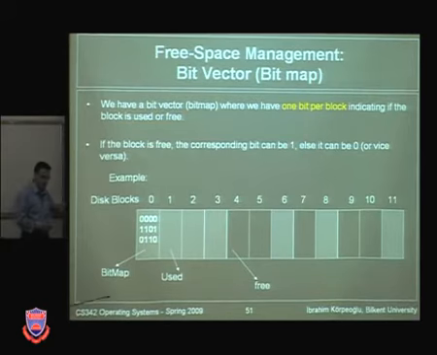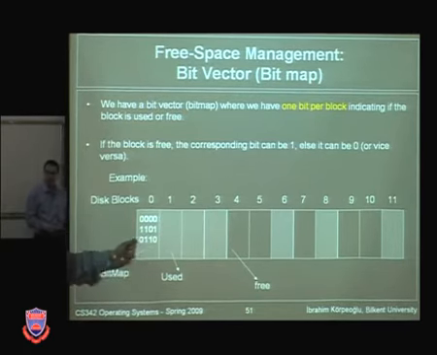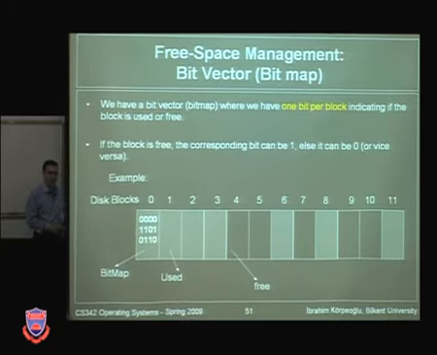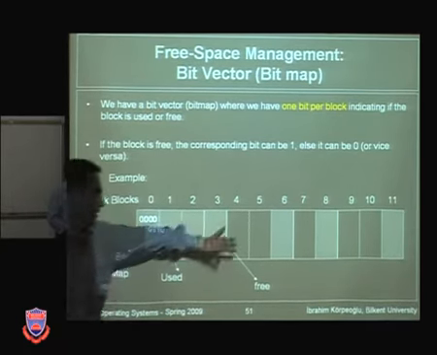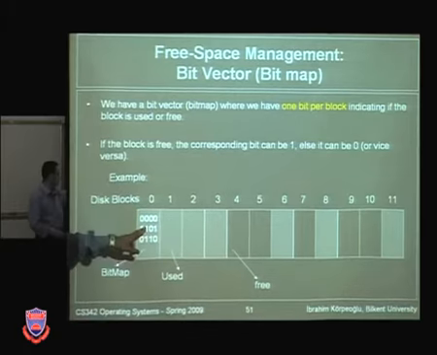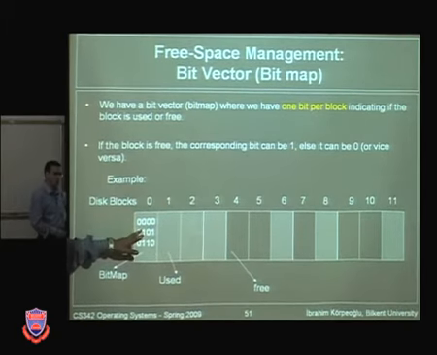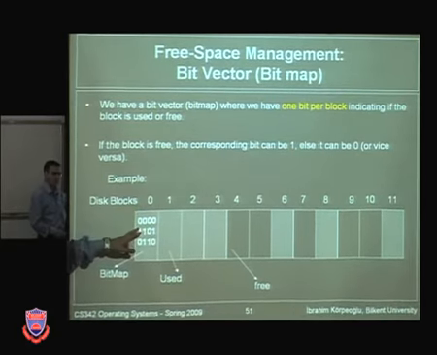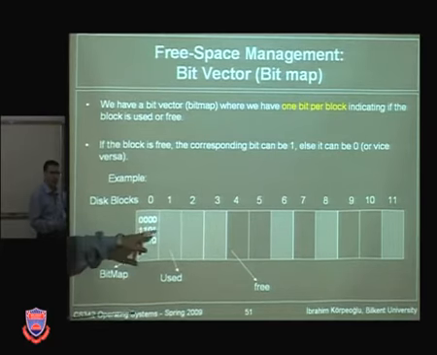So this is the basic idea. We can keep track of the free and used blocks by maintaining a bitmap, okay? When you allocate this block, you have to set the corresponding bit to 0, so that the bit now indicates that the block is used.